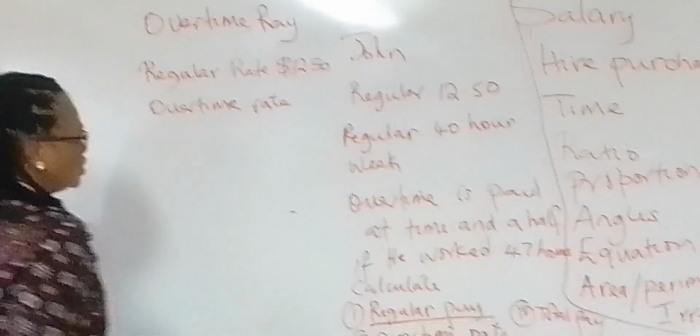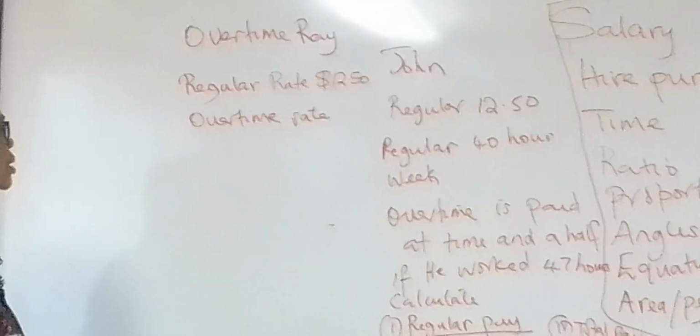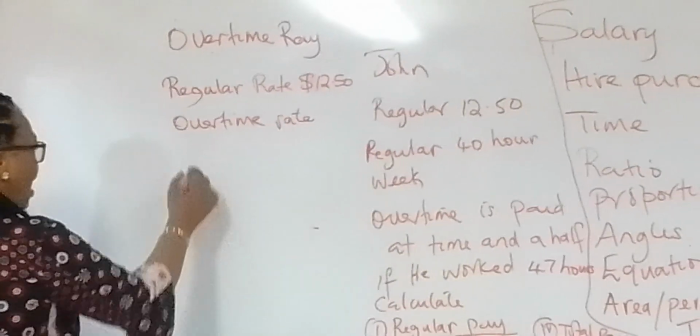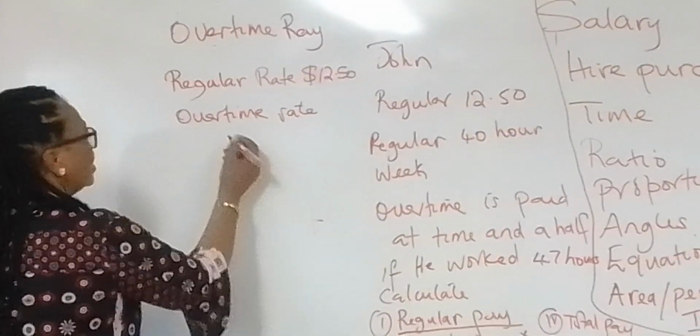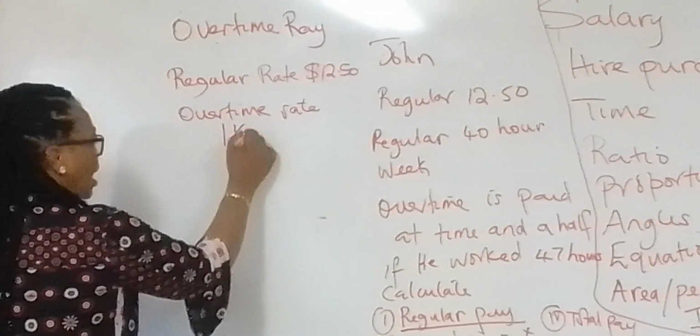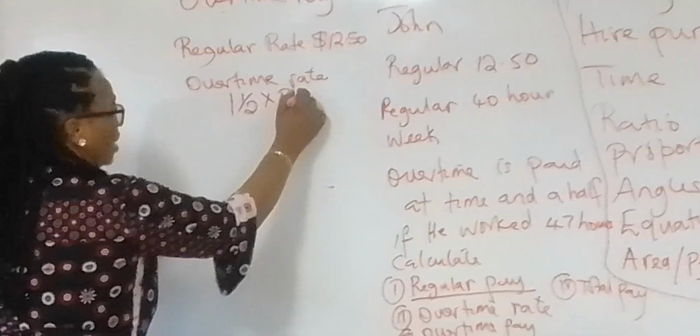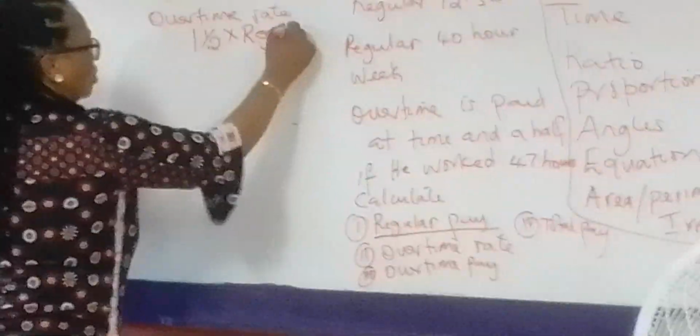What did we say overtime is supposed to be paid at? Overtime is 1.5. Time and a half, I said, is 1.5. So it's 1.5 times his regular rate. That's how I'm going to get the overtime rate.